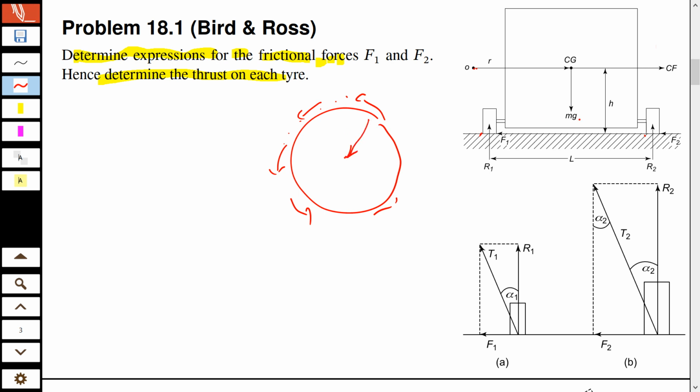That centripetal force will come from this friction. Because this is the origin or center of the circle, you need that force to be inward. So these two friction forces must be pointing to the left.